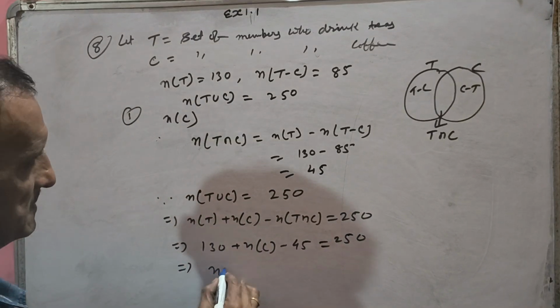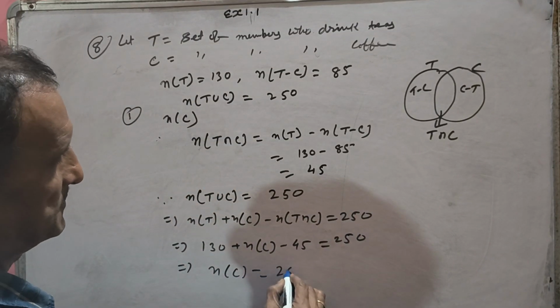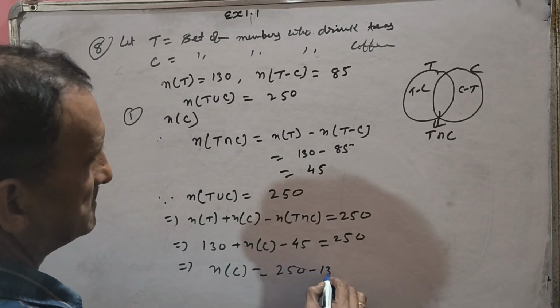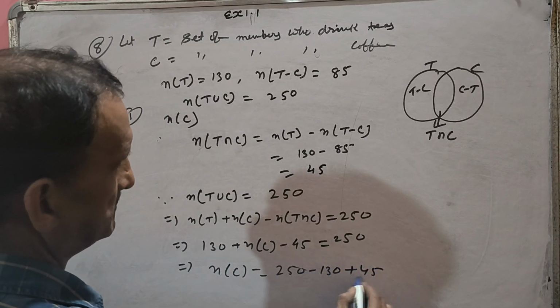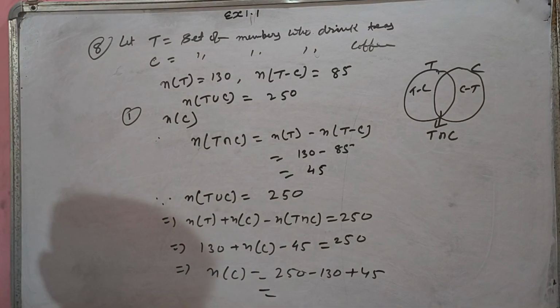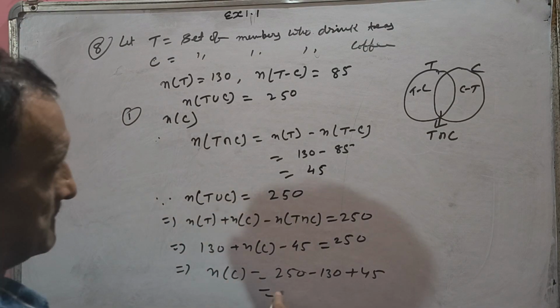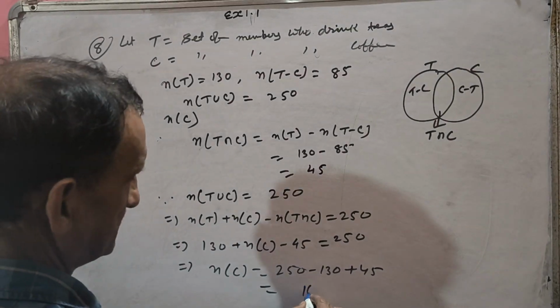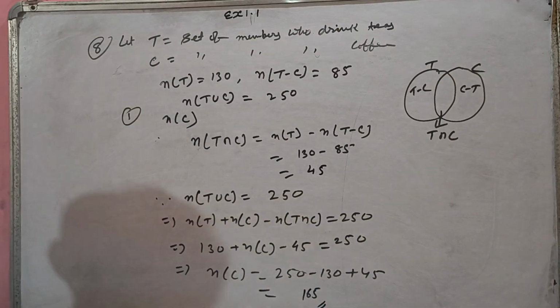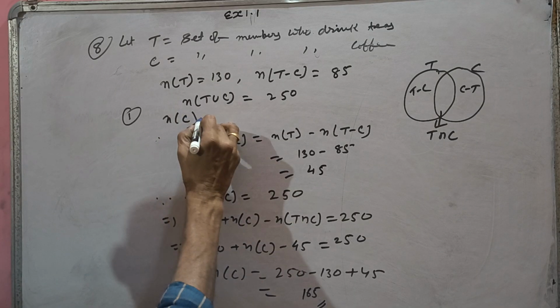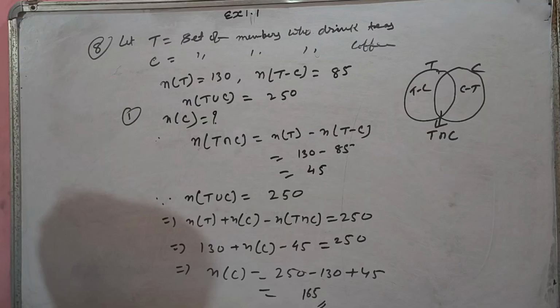So how will you get N(C)? 250 minus 130 plus 45. Calculate, how much will you get? 165. So this is N(C). In number 1, what is asked? N(C), the number of members having coffee, is 165.